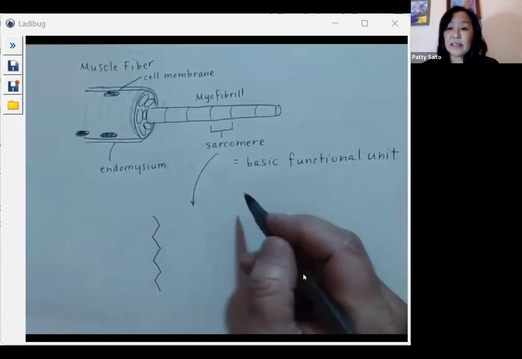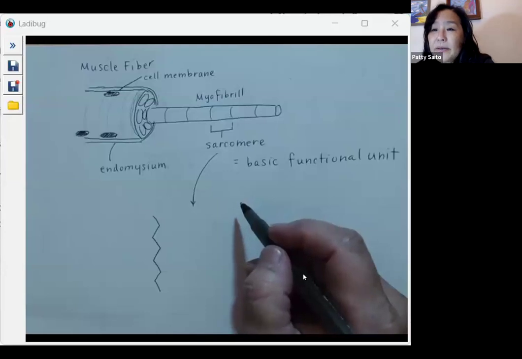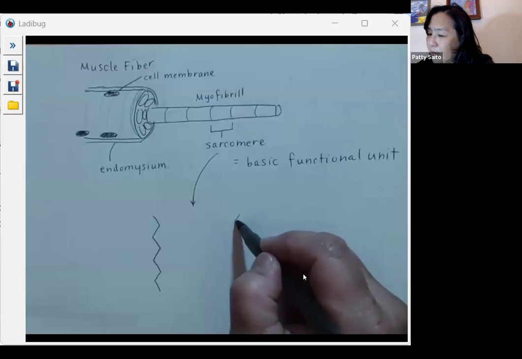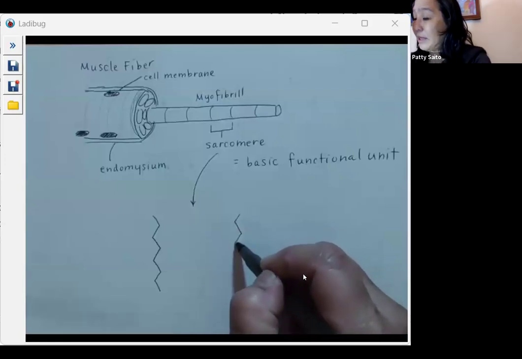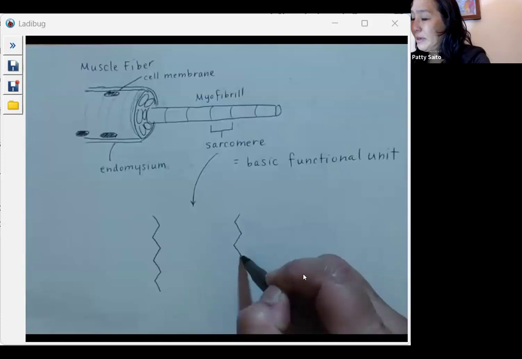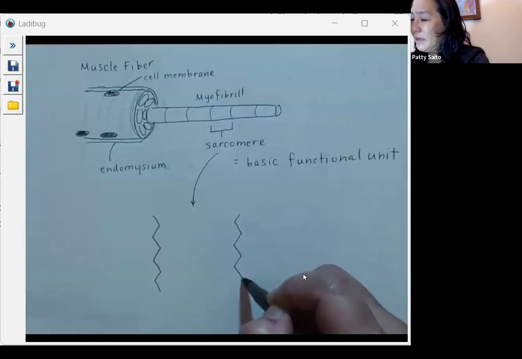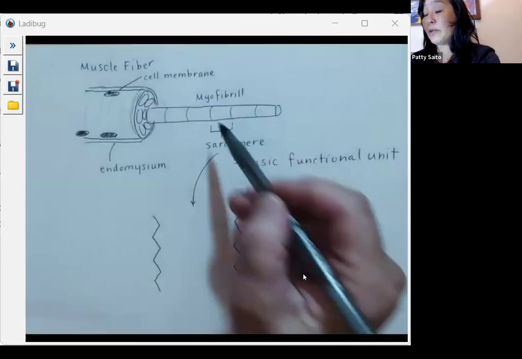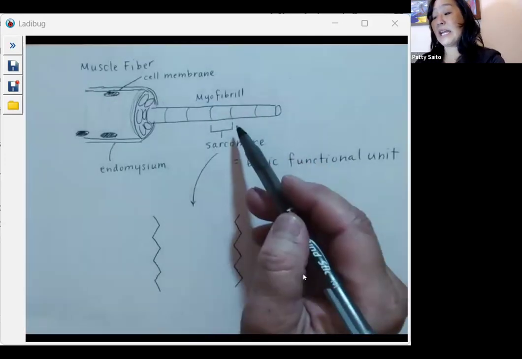Something like this. Okay. Got to try to make it line up. Okay, so these are these borders here of a sarcomere, and we see that it's not actually straight.